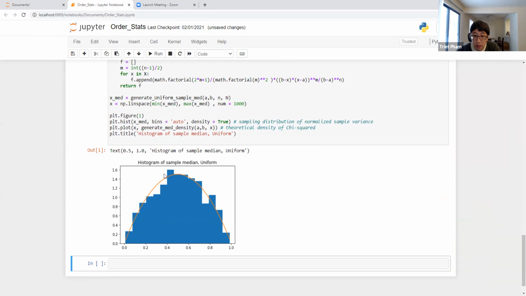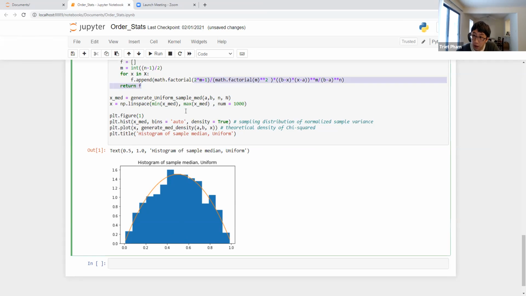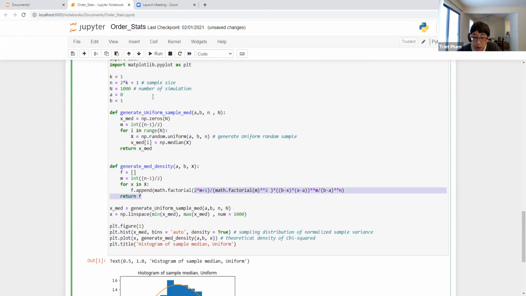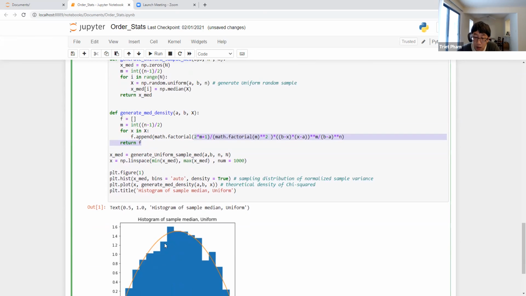So the median density is also symmetric around the mean, but it's like an inverse square. Again, this is the theoretical density. But notice this is a small sample size, so this is the exact distribution that we're talking about.